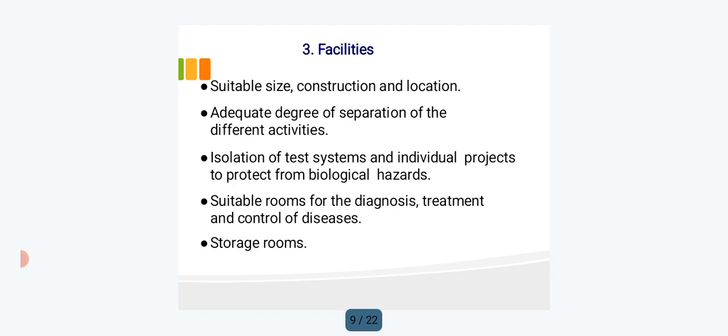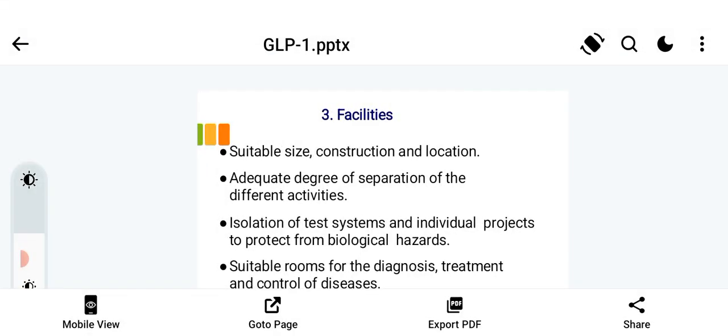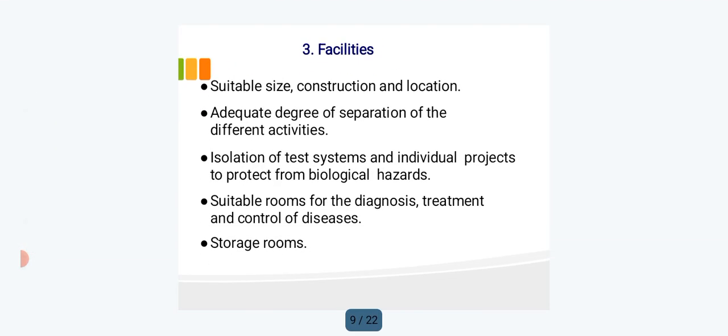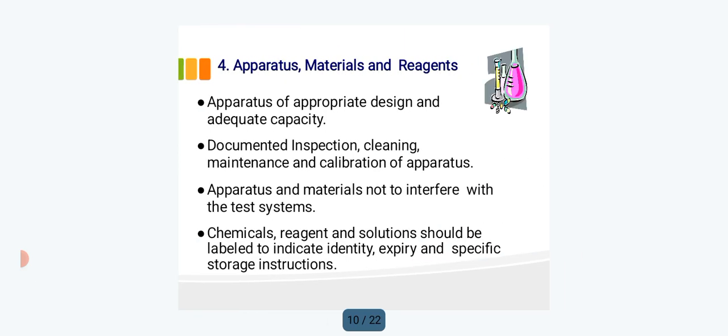Third, facilities: suitable size, construction and location, adequate separation of the different activities, isolation of test systems and individual projects to protect from biological hazards, suitable rooms for the diagnosis, treatment and control of disease, and lastly, a storage room. The fourth, apparatus, materials and reagents.